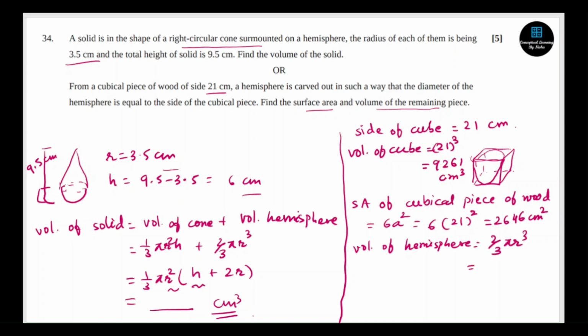Now r is what? Half of 21. If you substitute everything, you will get this answer as 693 centimeter cube.